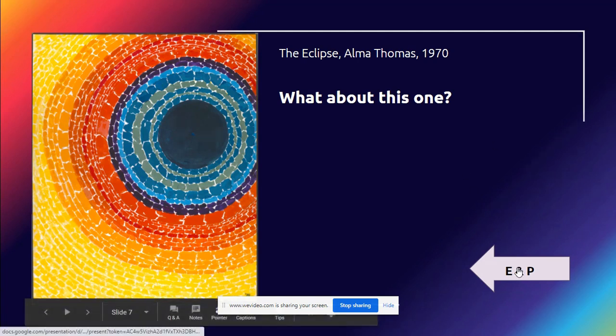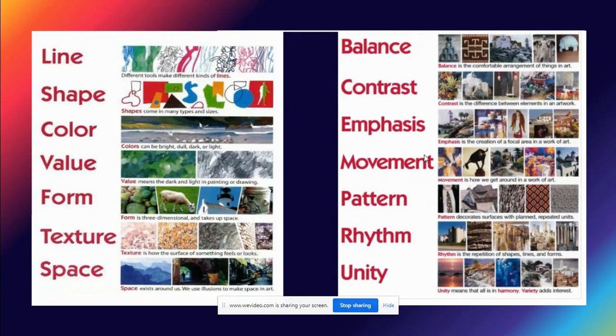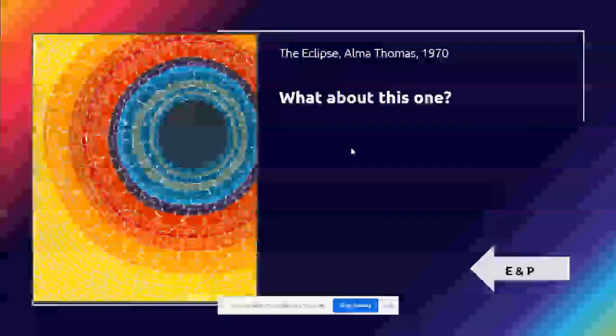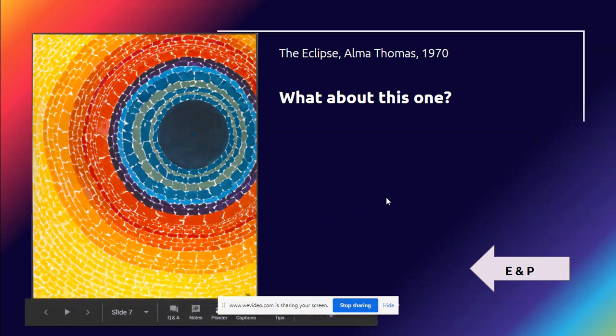Did we see movement? Did we see contrast between those colors? Did we see value, meaning dark and light, in the painting? Let's take a look. Oh, I see that there are some dark colors and then some lighter colors. So maybe there is some value in this painting.